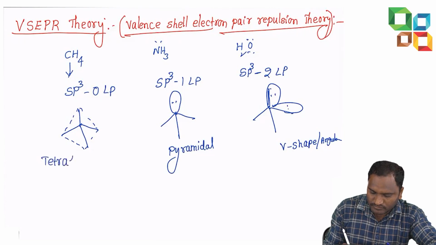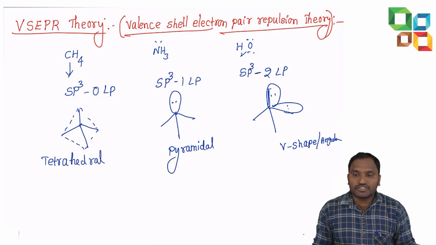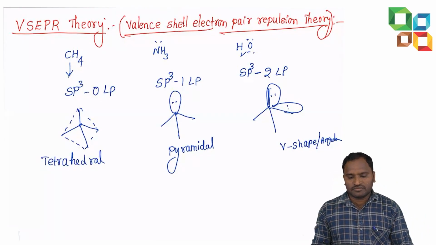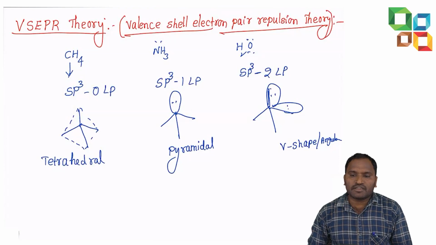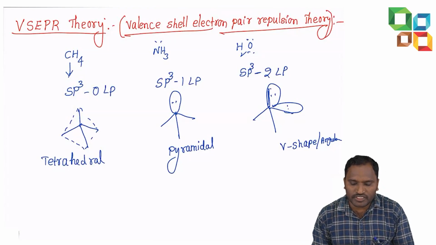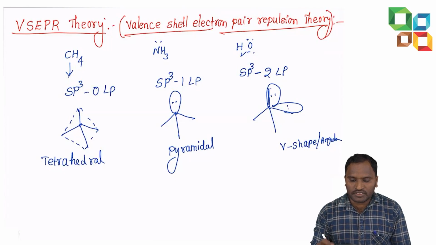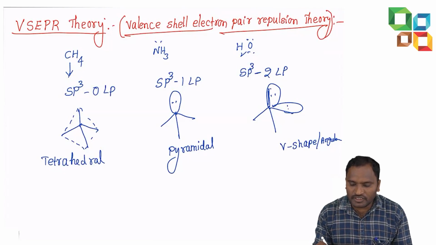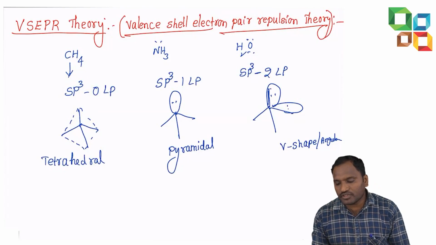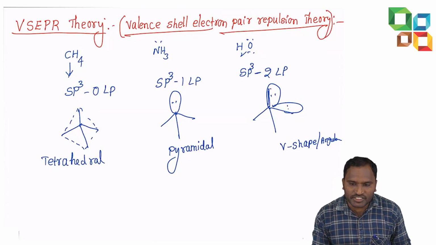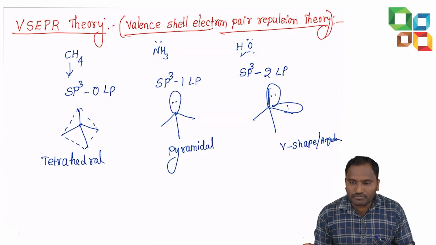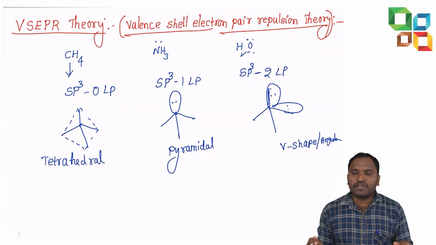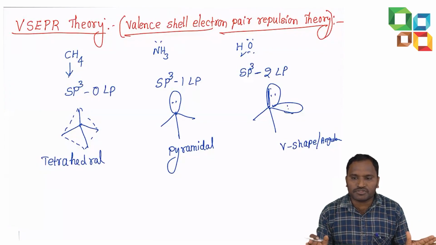So in hybridization, what they told is all sp3 hybridized molecules have tetrahedral geometry. Actually, the geometry here is also correct, but the shapes are changing. The geometry deviates from tetrahedral to pyramidal, pyramidal to V shape. Hybridization is the same, but the shapes of molecules are different. So from this example, what we can say is hybridization alone cannot explain the shapes of molecules.